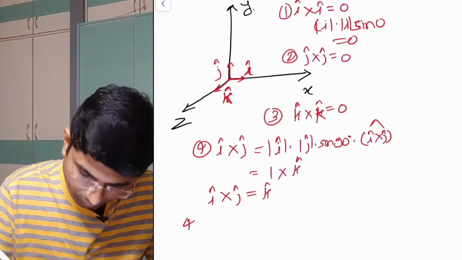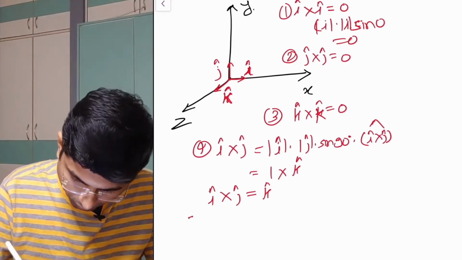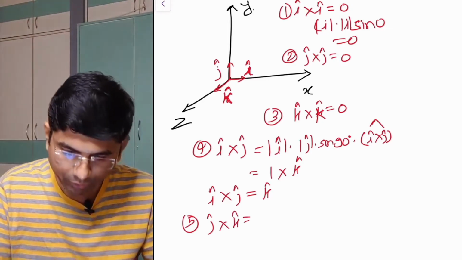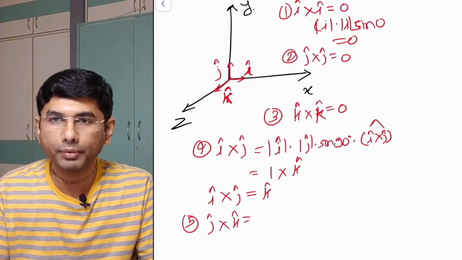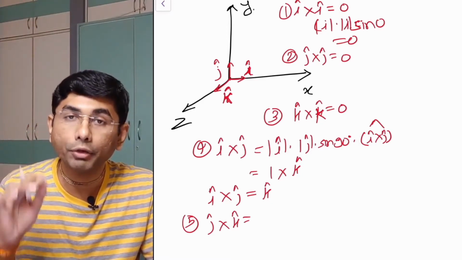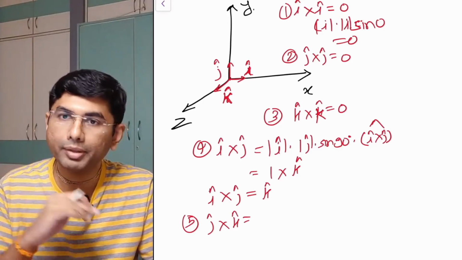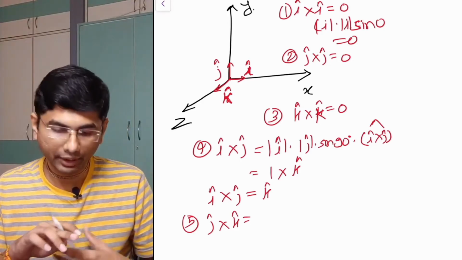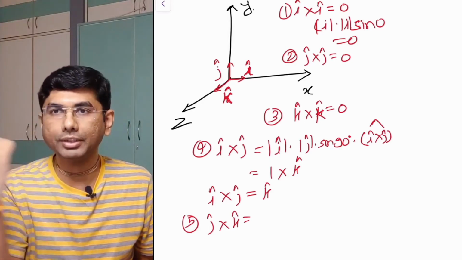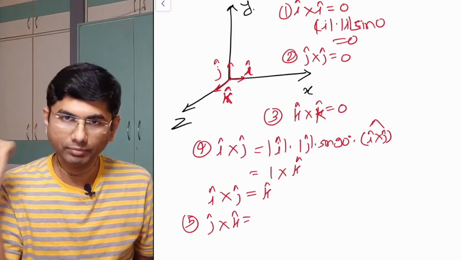Similarly, j cross k is equal to, what? Magnitude of j vector, magnitude of k vector into sine 90, that is again 1. Again we just need to think about the direction. Just put it here, j cross k is going in the direction of the i vector.